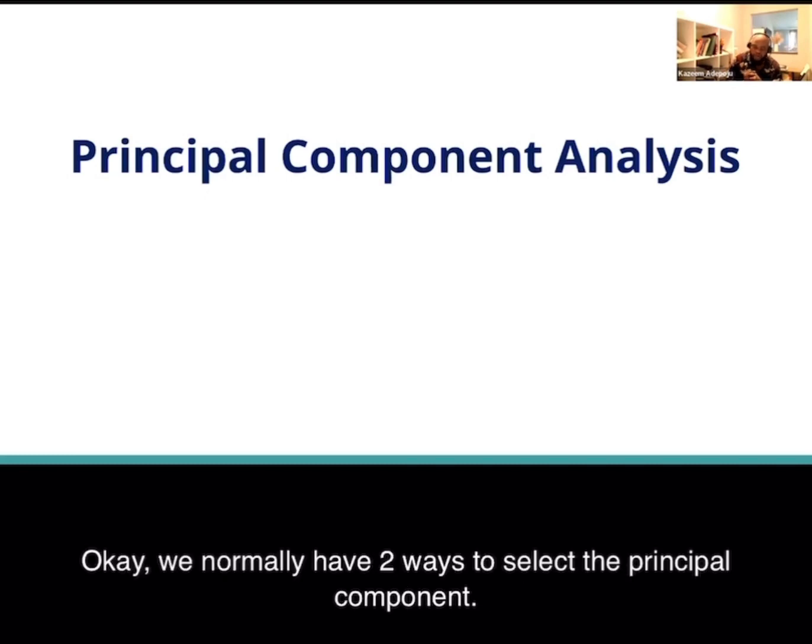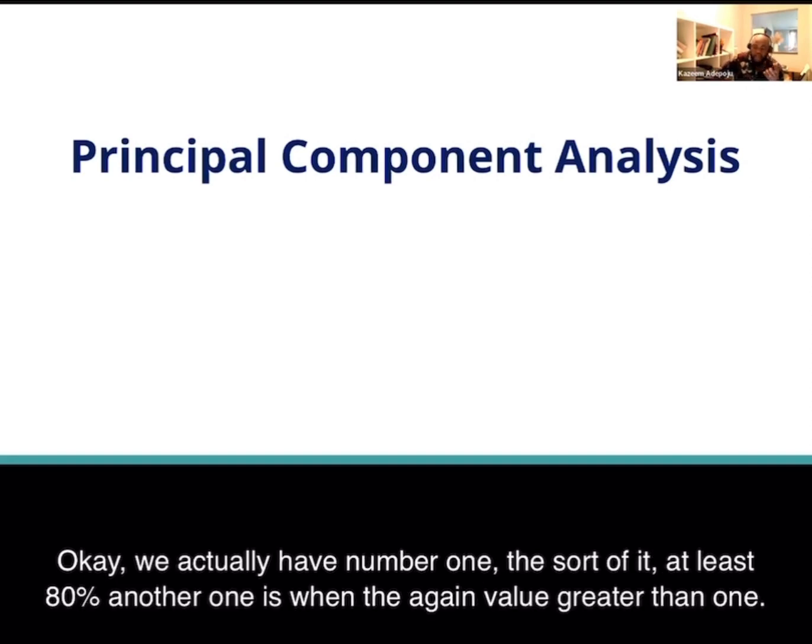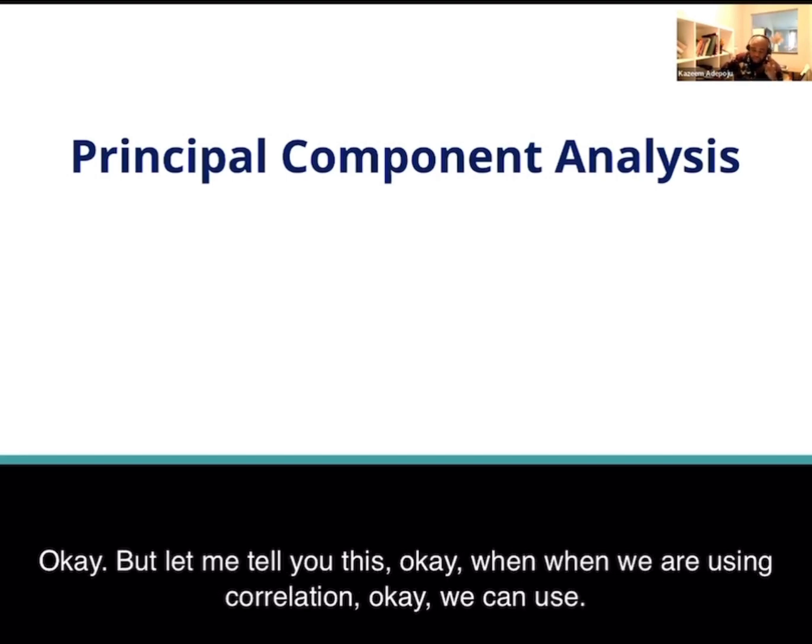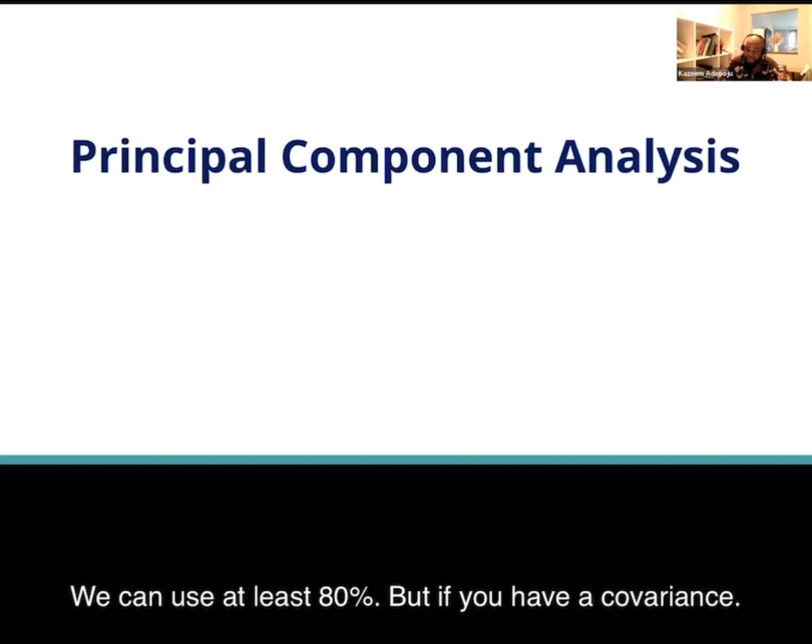Now, how do I select my principal components? We normally have two ways. Number one, a threshold of at least 80% cumulative. Another one is when the eigenvalue is greater than 1. When we are using correlation, we can use either eigenvalue greater than 1 or the at least 80% cumulative threshold.